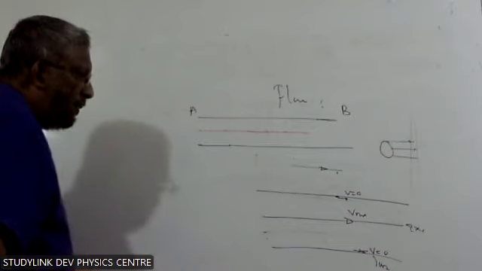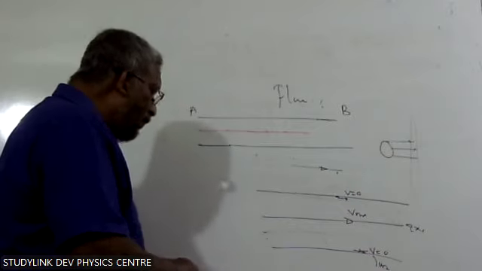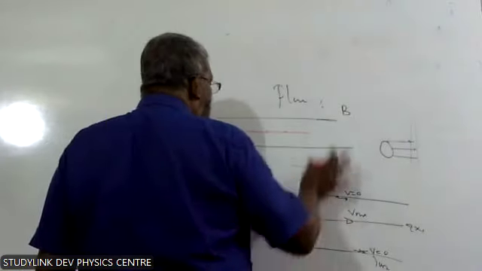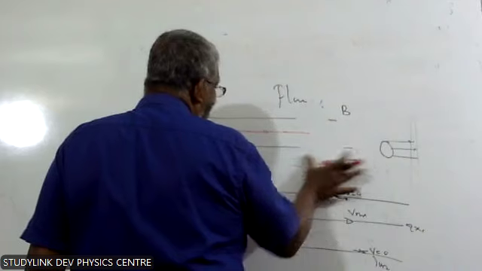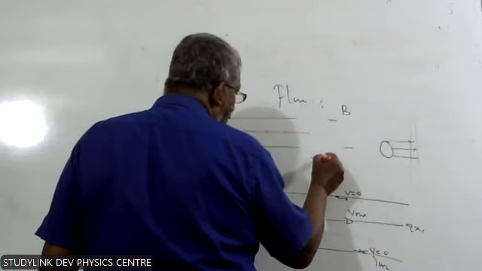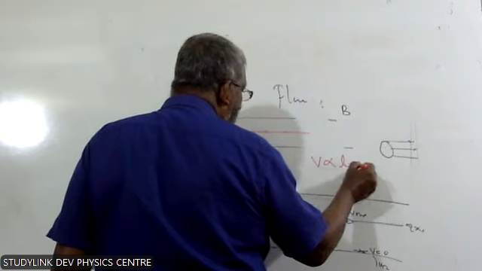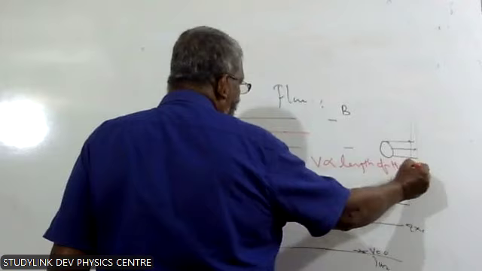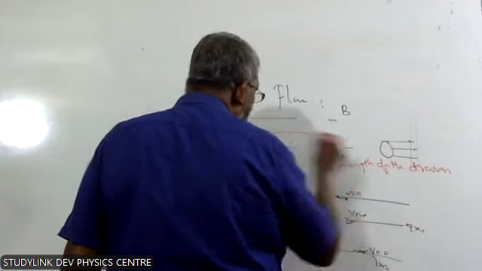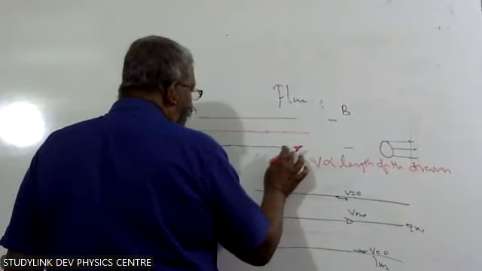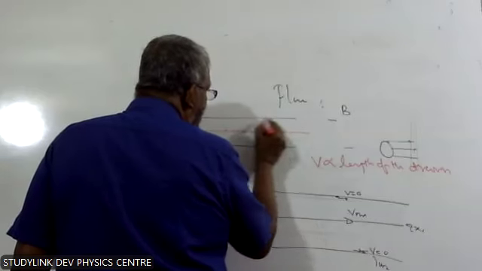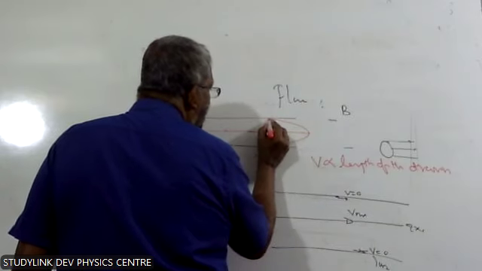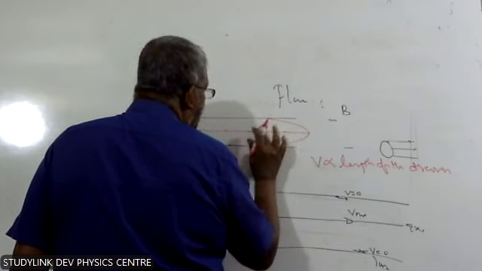Right. Now, if you draw the velocity of these, consider that velocity is proportional to the length of the drawn line. I'm drawing lines. So here the streamline length is 0.